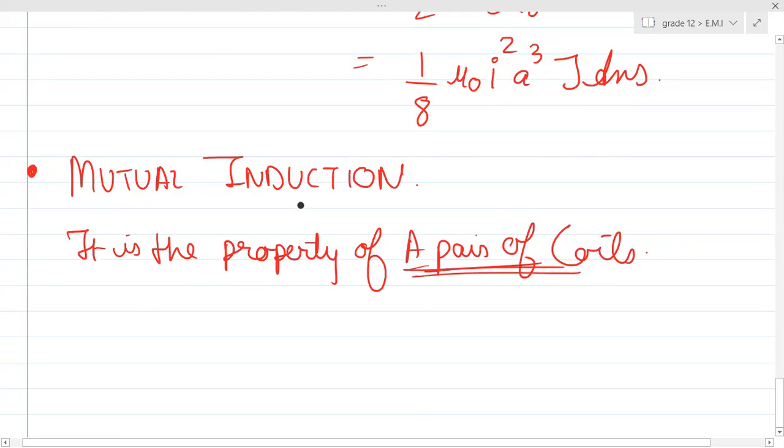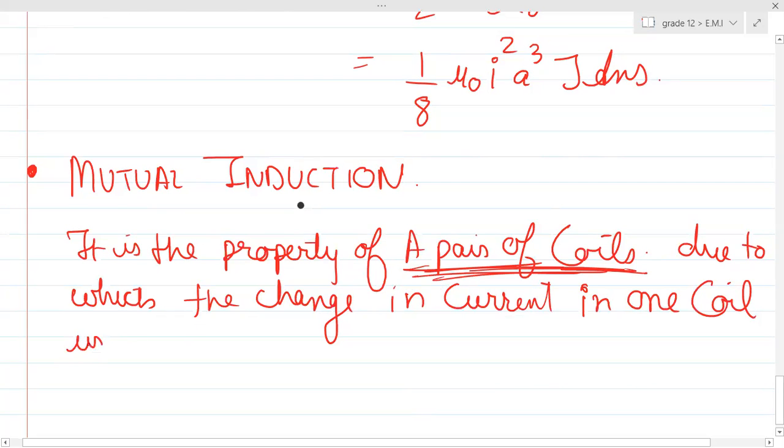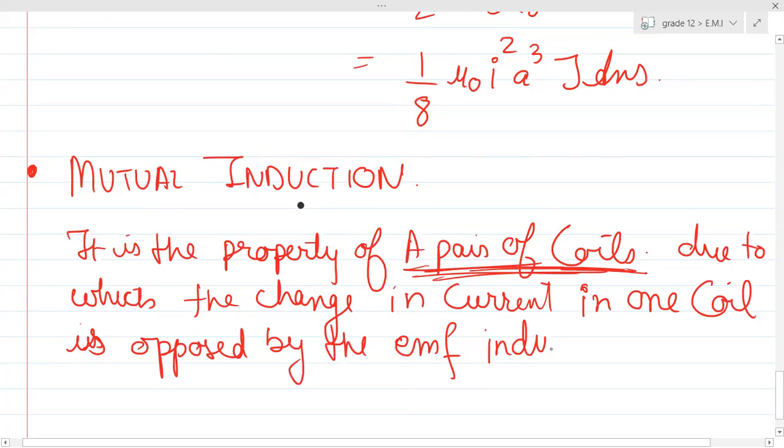due to which the change in current in one coil is opposed by the EMF induced in the other coil.